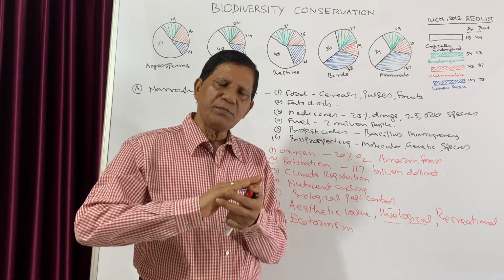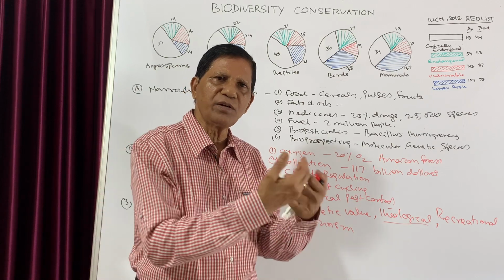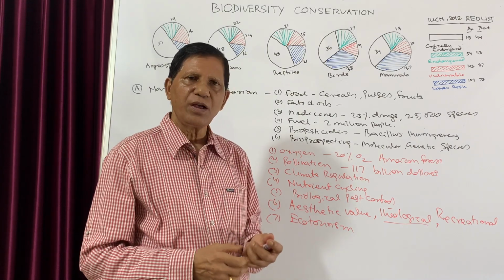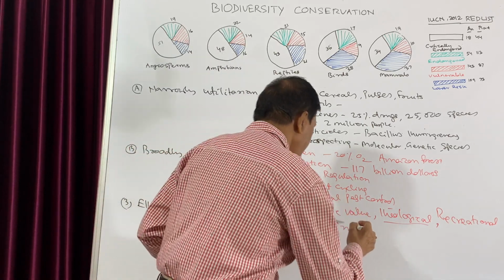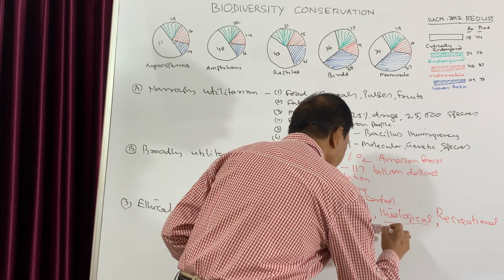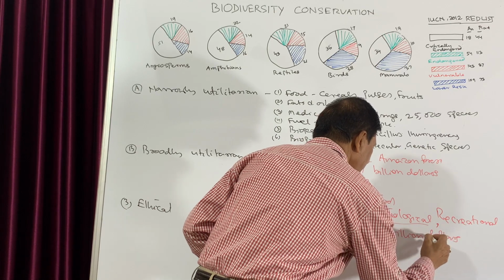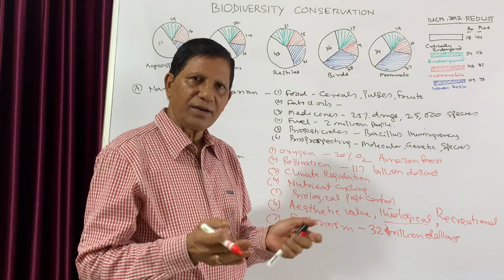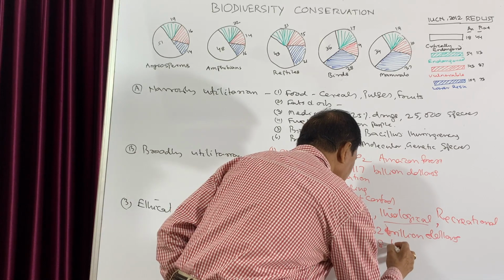Because of the biological diversity, tourists go to different places, and the collection from ecotourism in the entire world in 1 year is $32 trillion, while the global gross product is only $18 trillion.